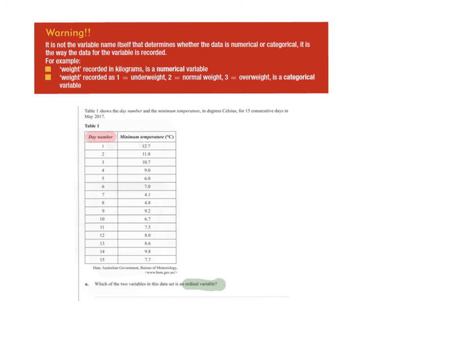We measured the minimum temperature, so minimum temperature would be numerical, and what type of numerical? Continuous, because we'd measure the temperature. It's actually day number that is the categorical. It's just a label of the day, but you do have some order to it. So you just write here, it would be day number.